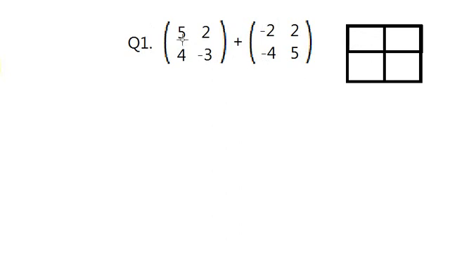That would be 5 plus -2, which is 5 minus 2. 2 plus 2 equals 4. 4 minus 4 is 0, and -3 plus 5 equals 2.